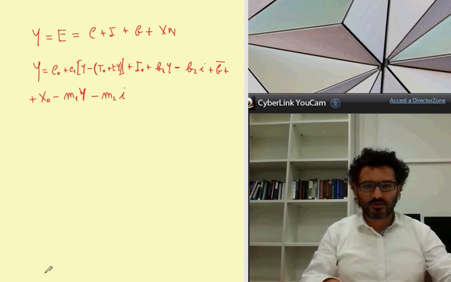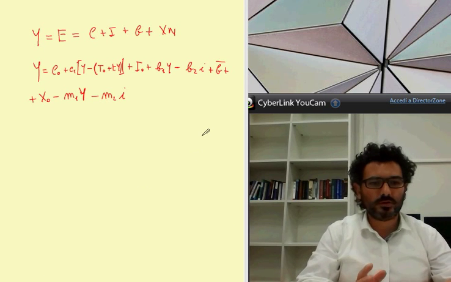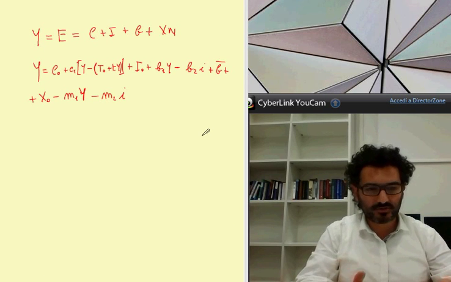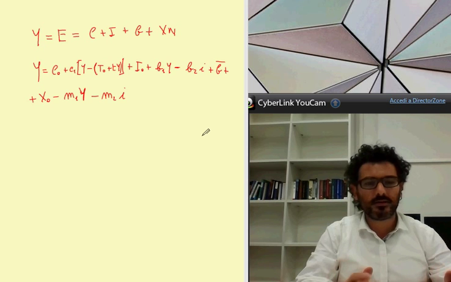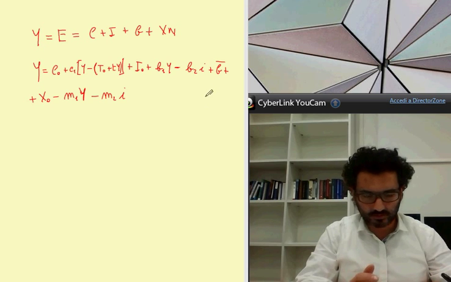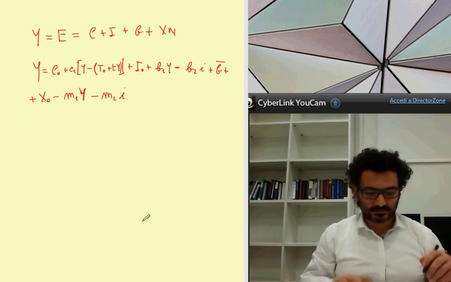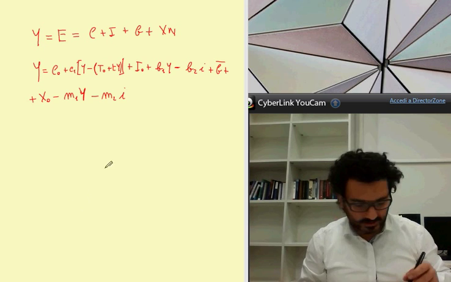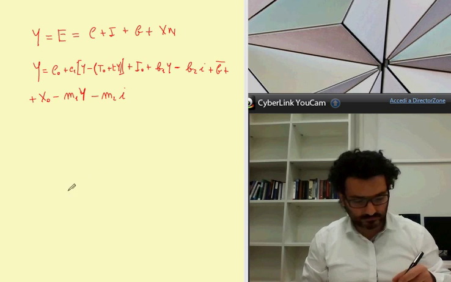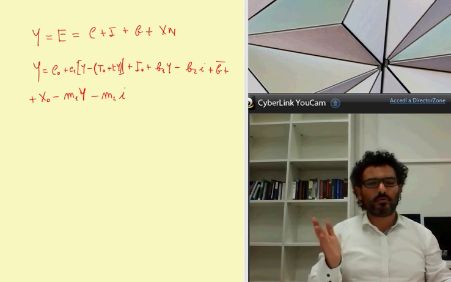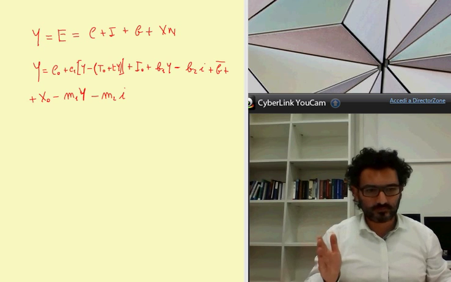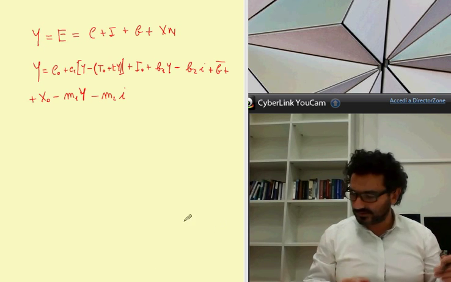And now what we have to do is to obtain a relation between interest rate and real GDP in order to have a relation similar to the curve, which is the IS relation. And we get, we will put all the factors with the interest rate on the left hand side and the rest on the right hand side.